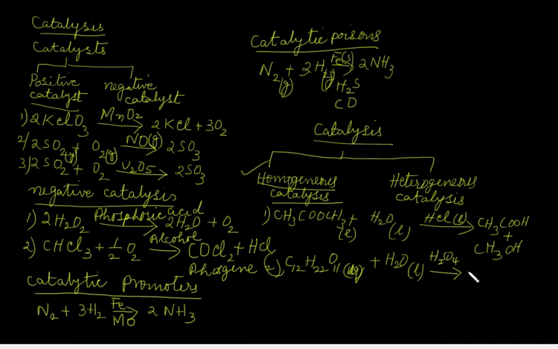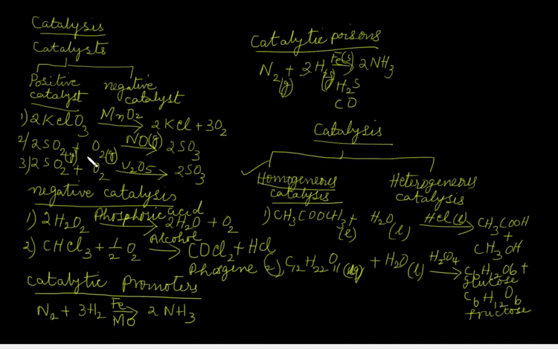The products are C6H12O6 plus again C6H12O6. This is glucose. This is fructose. Their molecular formulae are the same. They are isomers, structural isomers. Structural formula alone differs.